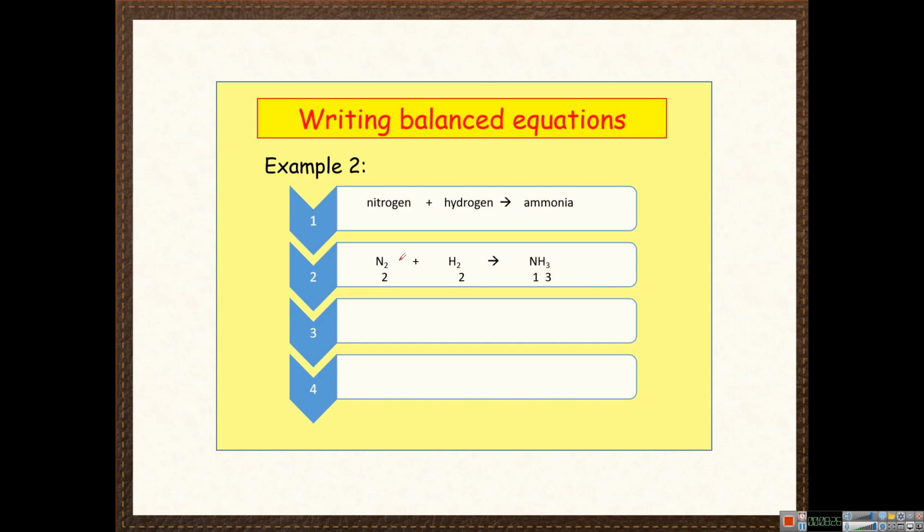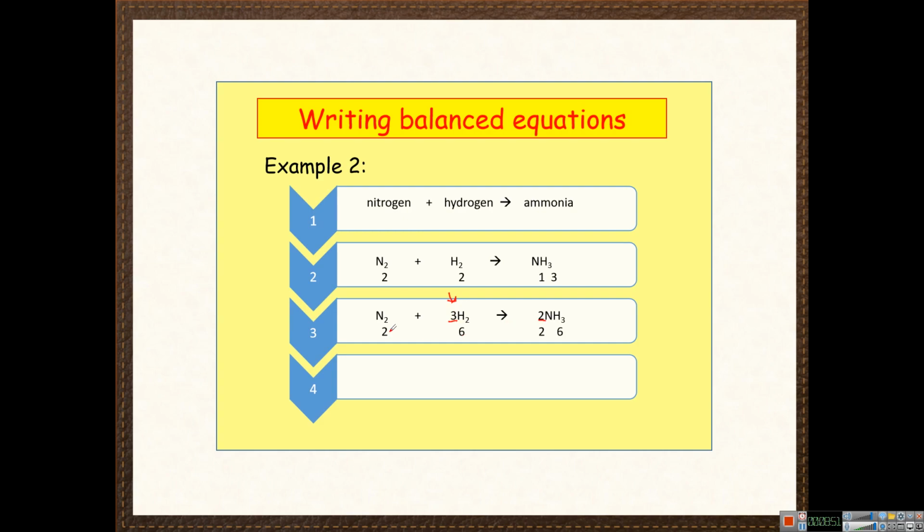So we're going to see how we can balance this, right? The easiest way is to add 2 to ammonia, making it 2 nitrogens and 6 hydrogens, because this 2 is going to get multiplied by this 3 as well, right? So to help that out, we're going to add 3 over here as well, right? So this is how we balanced it.